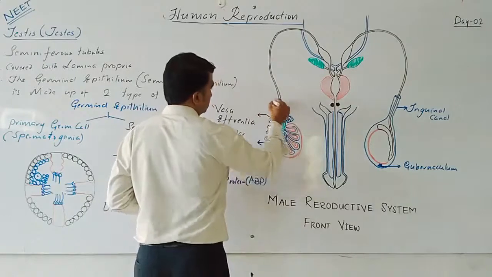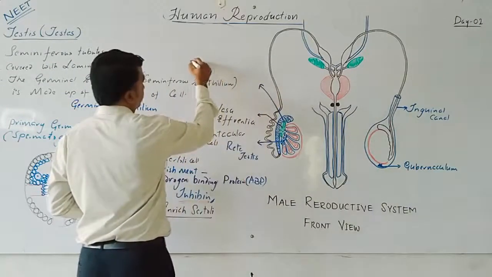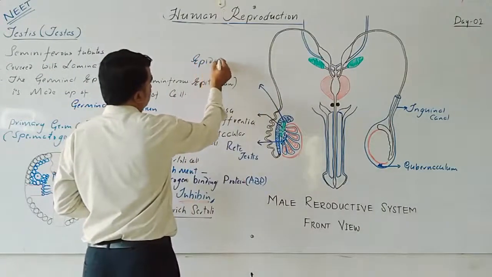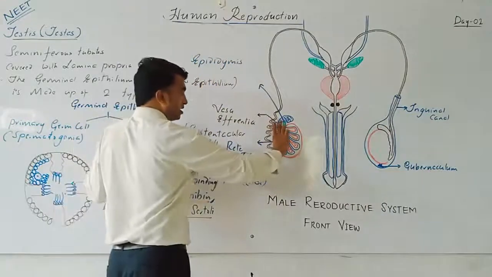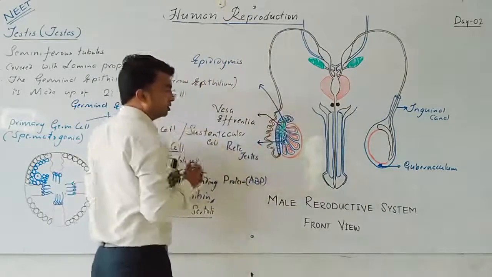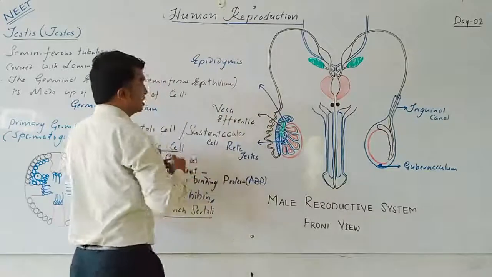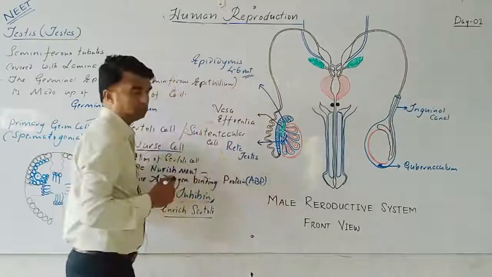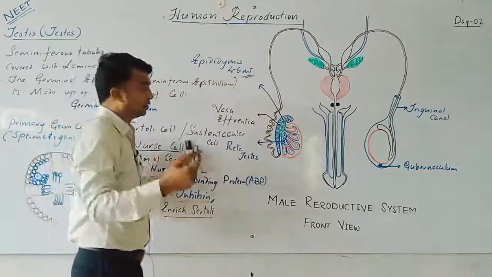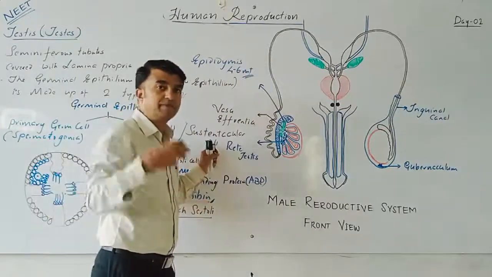Yes. So the epididymis is a little bit of a complex structure. The length of this epididymis is almost 4 to 6 meters, but it is highly coiled and highly packed.